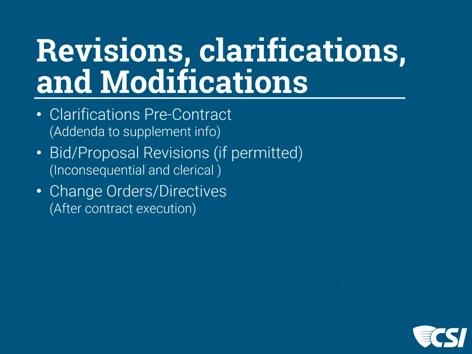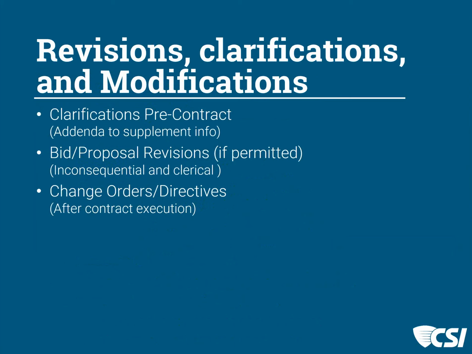Sometimes there are modifications to a bid that may be inconsequential or clerical in nature that have to be made, and those would certainly roll into the contract documents if they are something that occurs on a project.